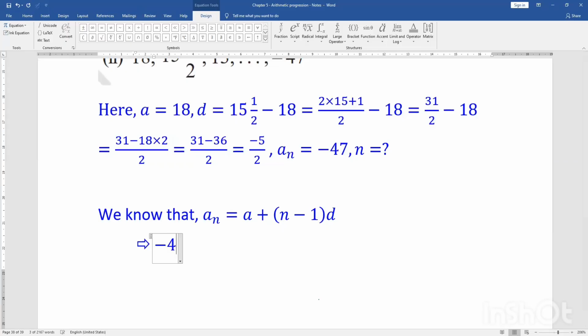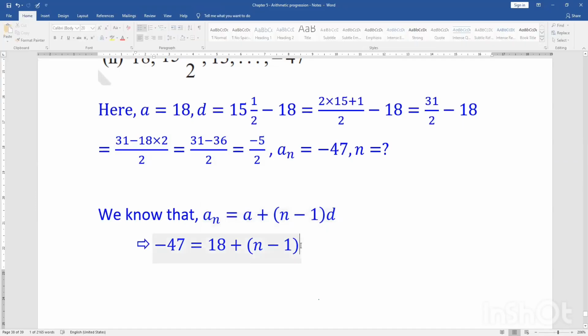The an value is minus 47, equals a, which is 18, plus n minus 1, since n you don't know, into the d value. How much is the d value? The d value is minus 5 by 2, right? Correct? So let us take that.